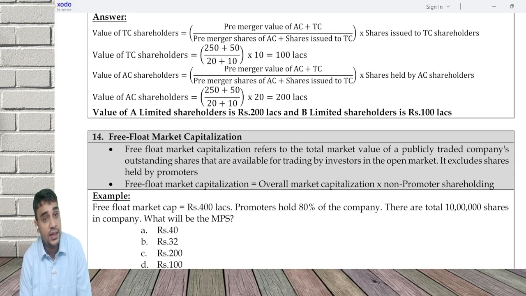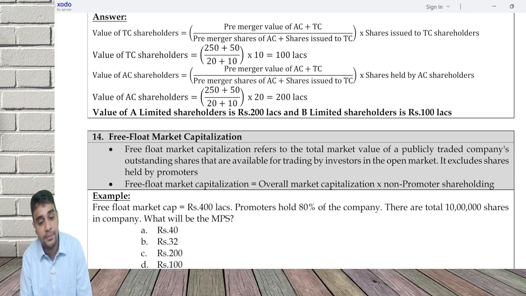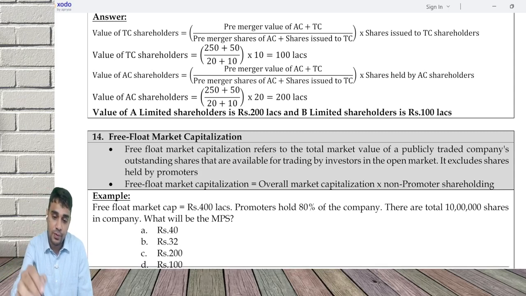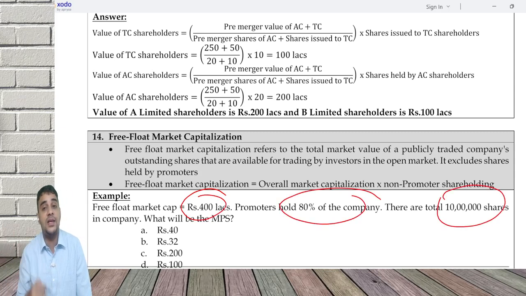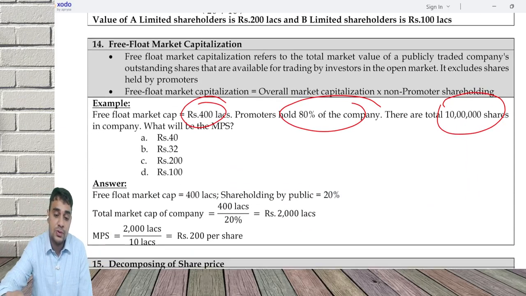Promoter is holding 80%, which means public is holding how much? 20%. That 20% is 400 lakh. So what is the total market cap? 2000 lakh. 2000 lakh divided by 10 lakh shares is the market price, which is 200.